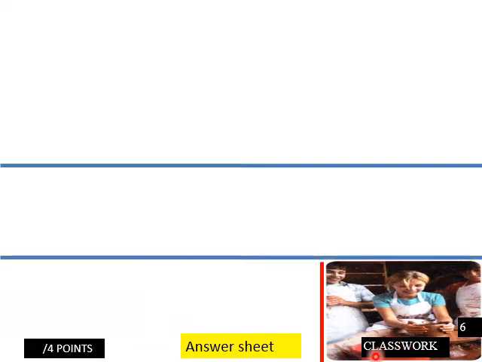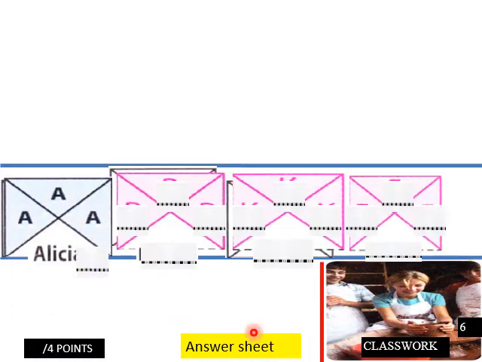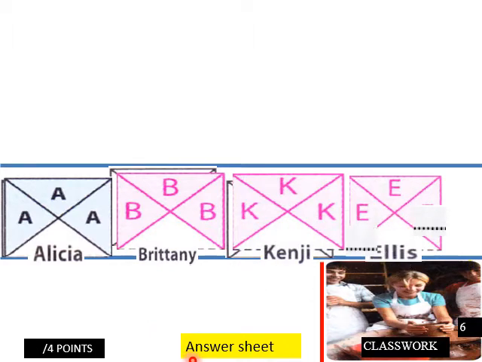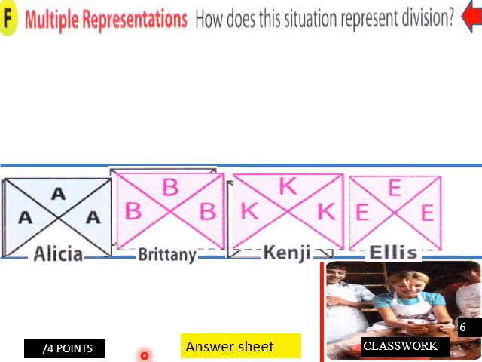Page 6, classwork. Here's our blocks again, and here's the reveal again on these blocks of clay. Again, stressing the visualization of this arithmetic fraction problem here. Multiple representations.